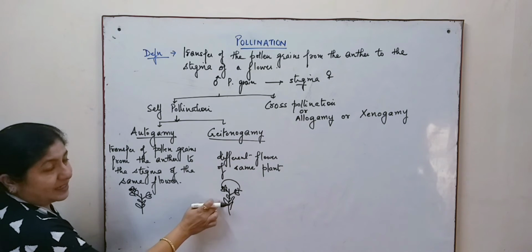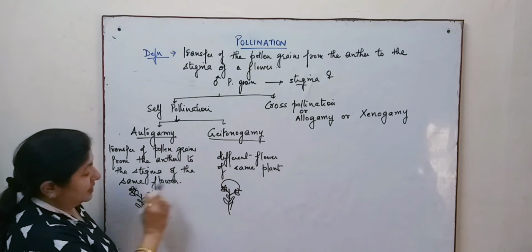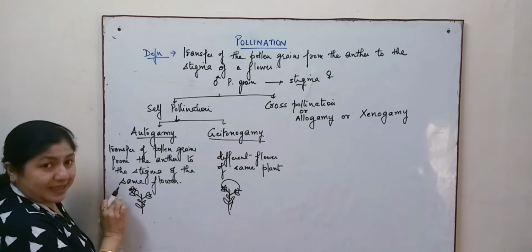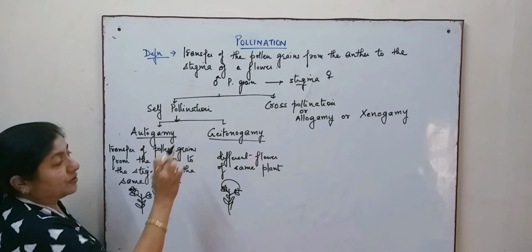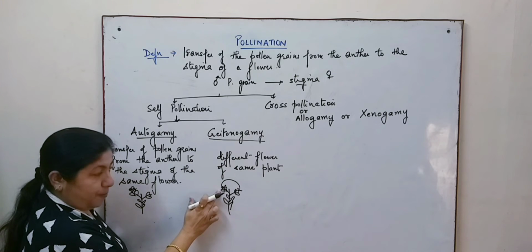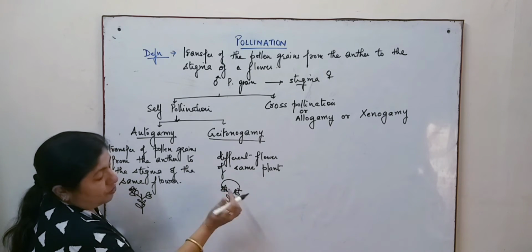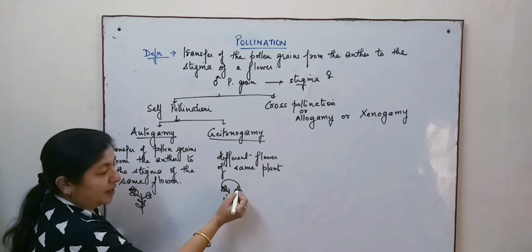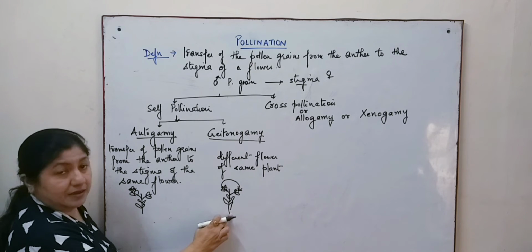So there is a slight difference. Since the pollen grain is in the same flower, it is known as autogamy, and in geitonogamy, the pollen grain from one flower goes and lands onto the stigma of the other flower, but the same plant. So the plant remains the same.